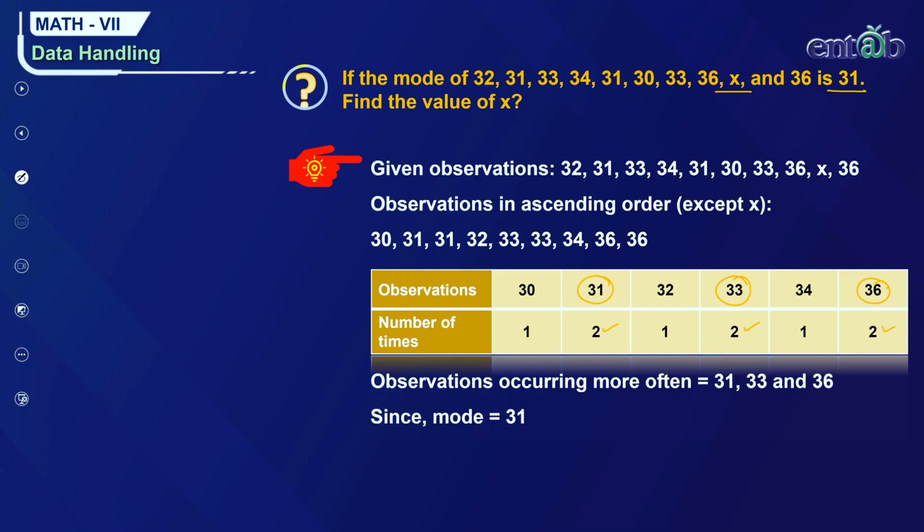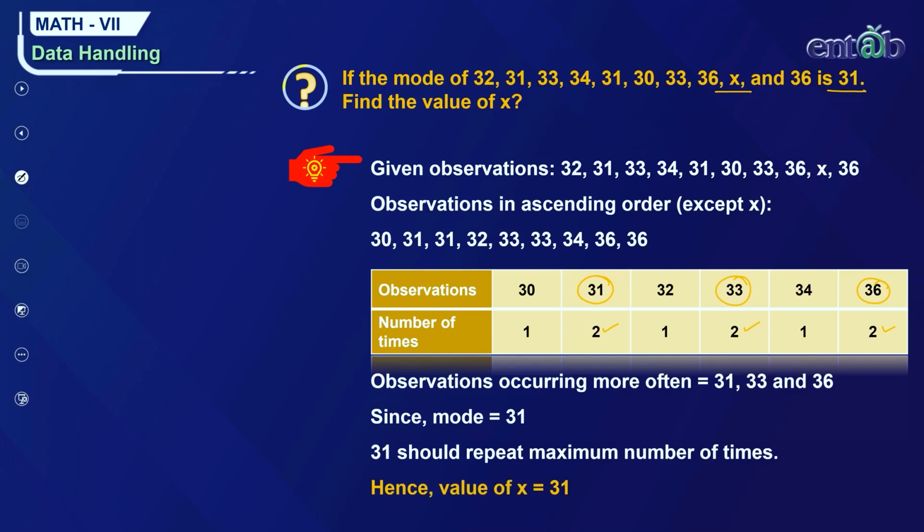It means 31 should occur more often, because mode is the observation which occurs most often. It means x should be 31 only, because 31 should repeat the maximum number of times. So the value of x should be 31 only, right?